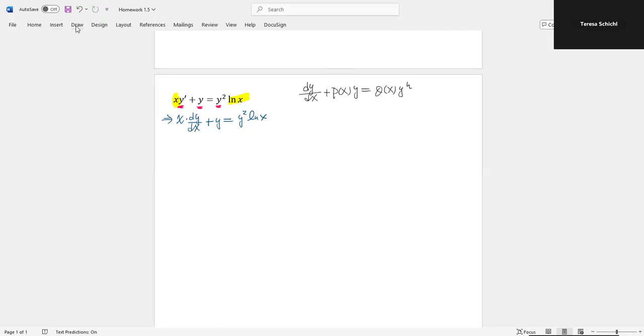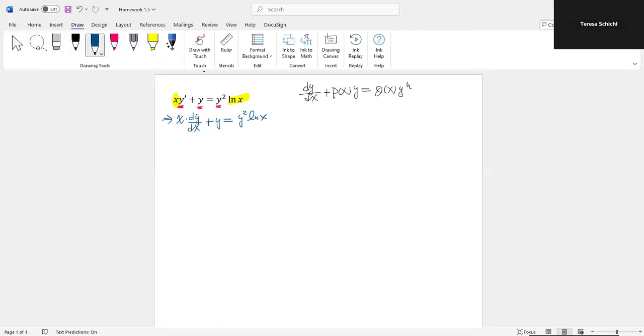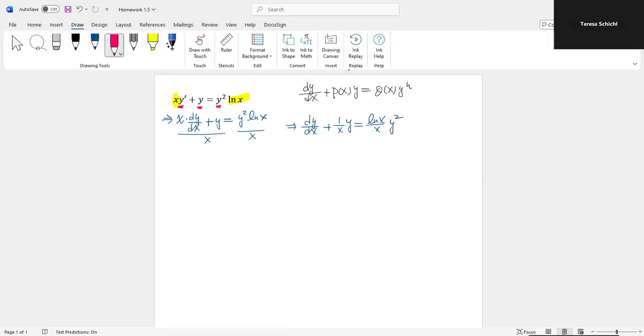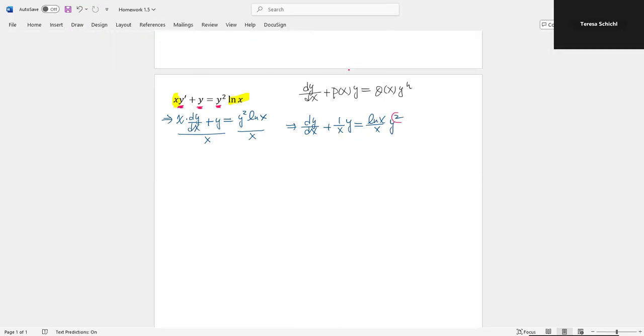I'm going to divide by x on both sides, so I will have dy/dx plus 1 over x times y equals ln x over x times y squared. From the Bernoulli equation, this is my n, and this is my p(x).